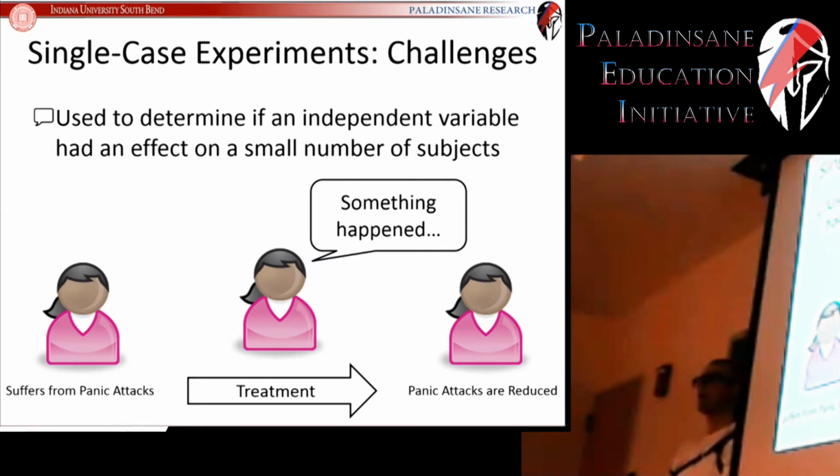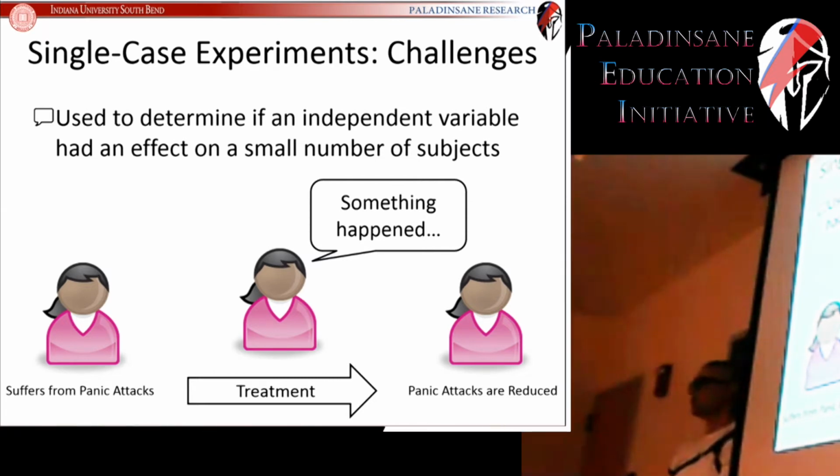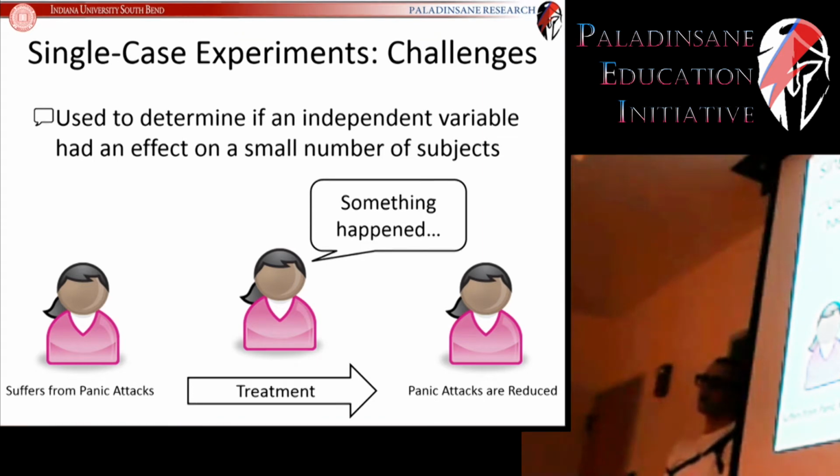But at the same time, you still need to determine whether or not a treatment that you made is what's causing the change in behavior. Because again, whereas you can tell your patient, continue on with the treatment, you cannot control other things that happen in your patient's life.